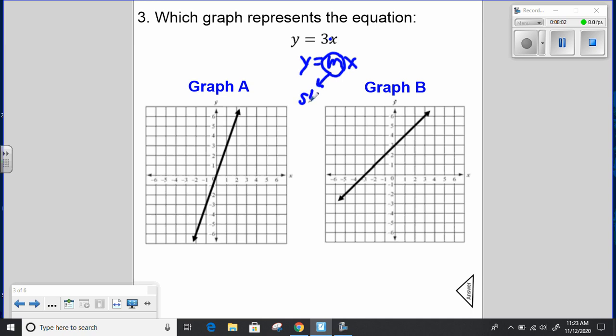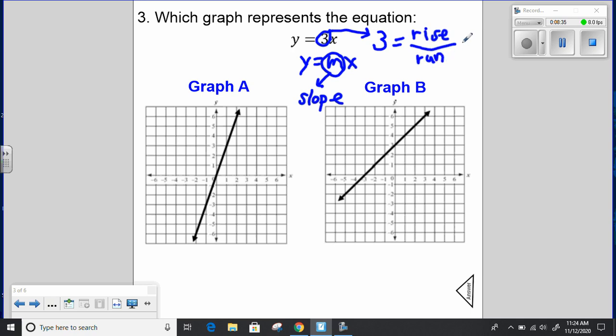So in our equation y equals 3x, our slope is the number in front of x, which is 3. So if our slope is 3, then we need to find the graph, A or B, that also has a slope of 3. However, we need to be careful because slope is going to look like rise over run. So we've got one number, but we're actually looking for 2 numbers here to count slope.